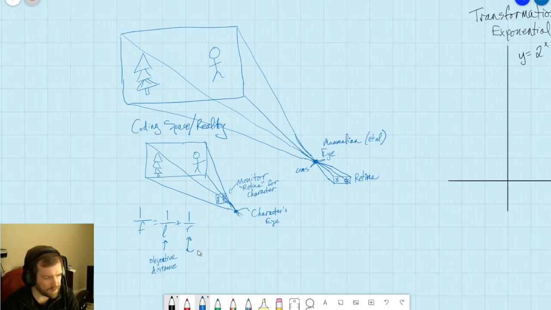And R here is the relative distance to image.